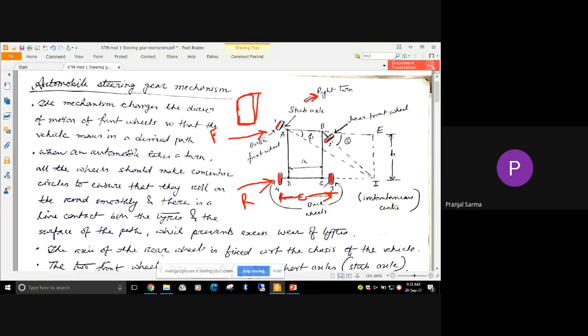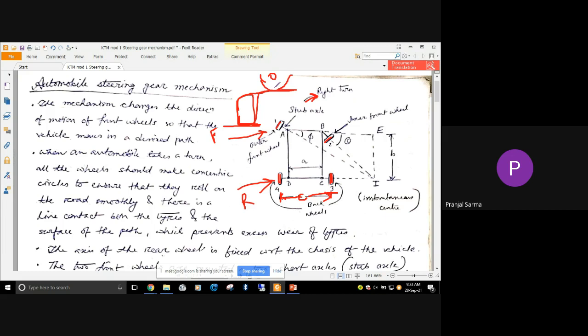Now when taking that turn, when all the wheels are making concentric circles, our expectation is that the wheel should keep on rolling on the surface, and for less wear and tear, there should be a line contact. If I consider this as the wheel, I'm showing half of the wheel portion, and this is the road surface.